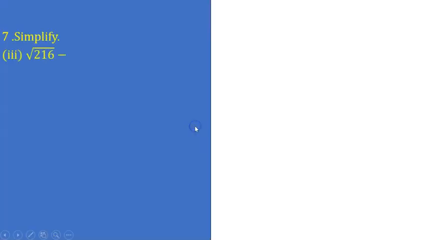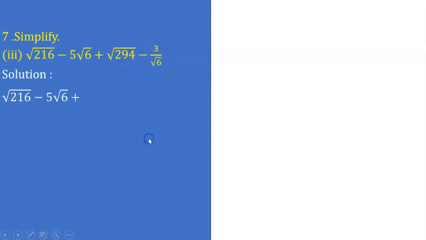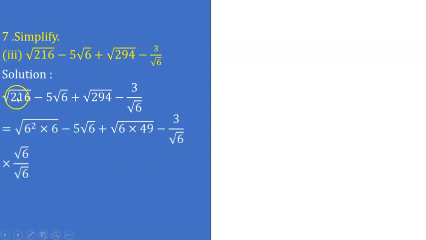Now next, root of 216 minus 5 root 6 plus root of 294 minus 3 upon root 6. Now the solution: root of 216 can be written as root of 6 square into 6, minus 5 root 6 as it is.